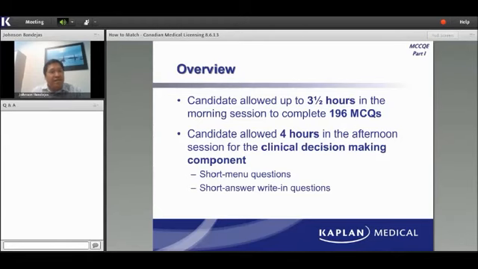The 196 multiple choice questions are divided into 7 sections, and each section will contain about 28 questions. You do not have a time limit for each section, but rather the whole 7 sections have a time limit of 3.5 hours. It is recommended that you spend less than 30 minutes per section, or about 1.5 minutes per question.